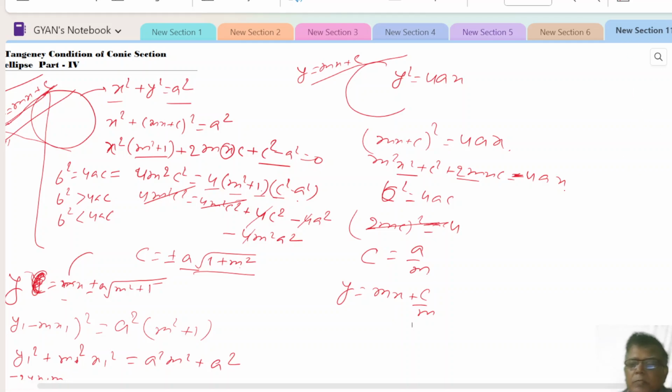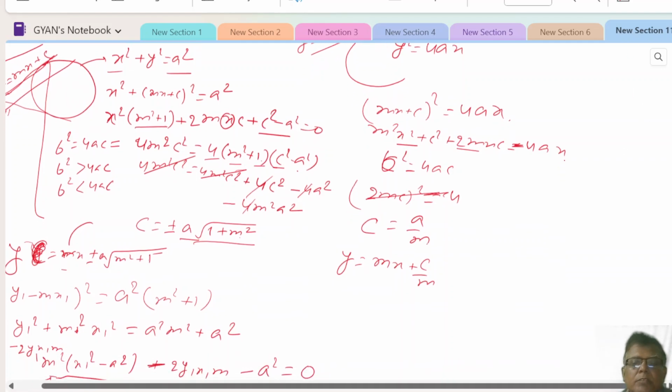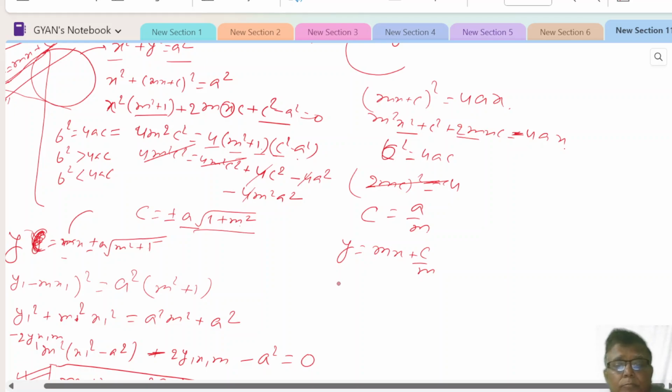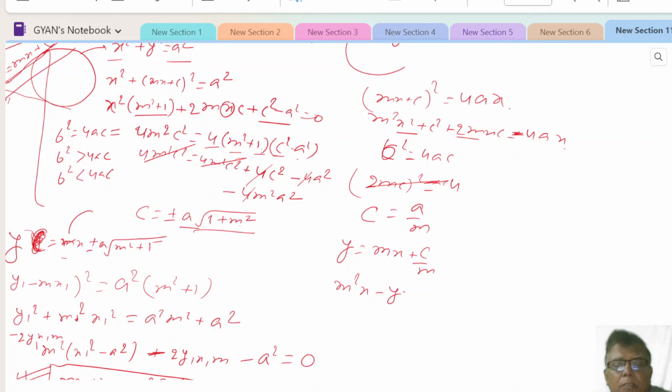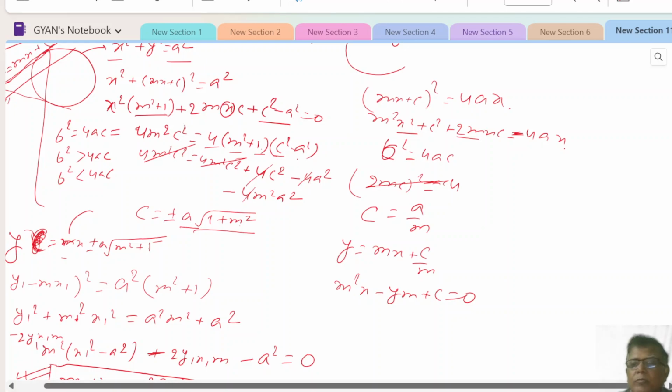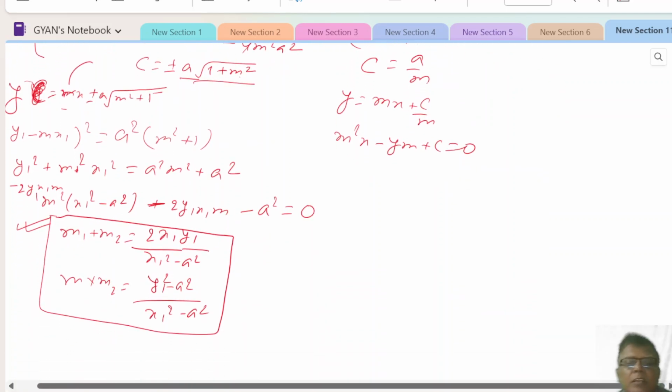And again this m is giving a quadratic equation in m: m square x minus ym plus a is equal to 0. So m1 and m2 again we can find out similarly. Suppose this is passing through x1 y1.